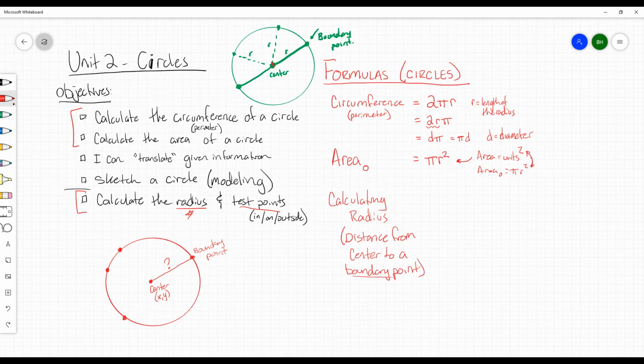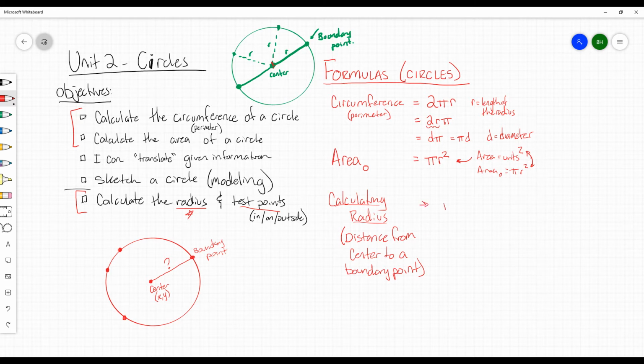Now, if you don't know that a point is in fact a boundary point or that a point is the center, then this doesn't work. But same thing, calculating the radius, you should be able to find the distance from the center to that boundary point and use the formula that we used before.